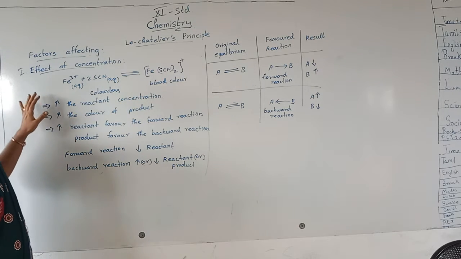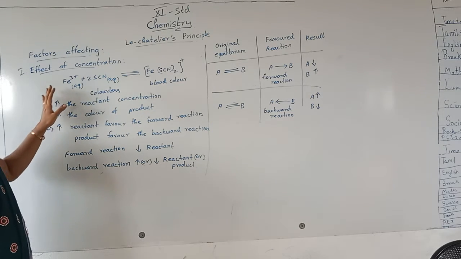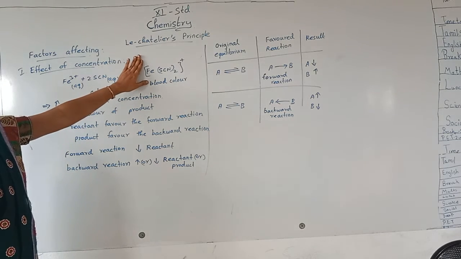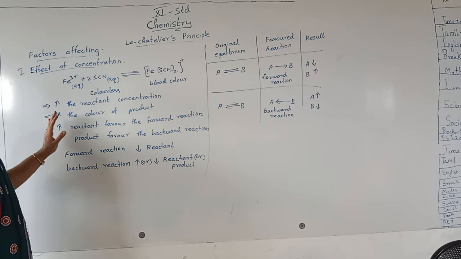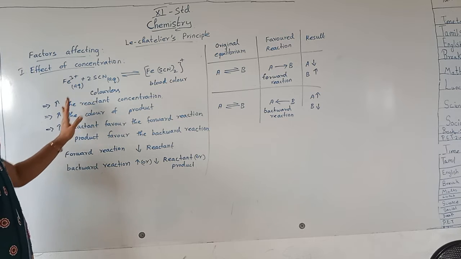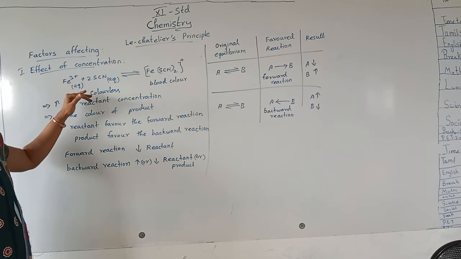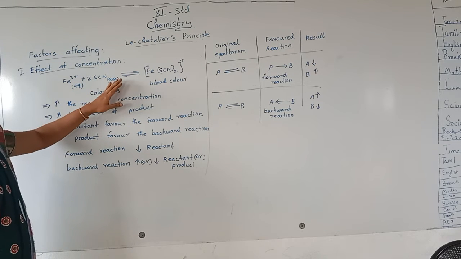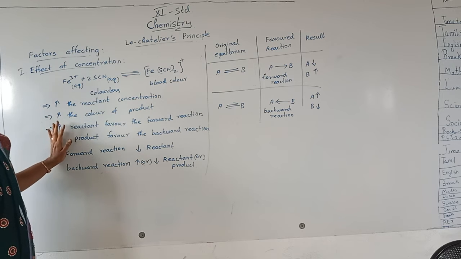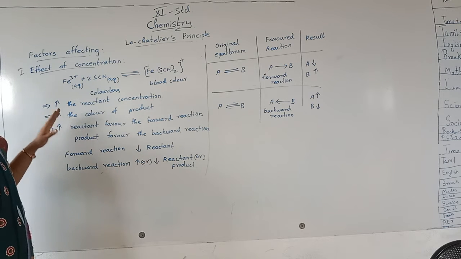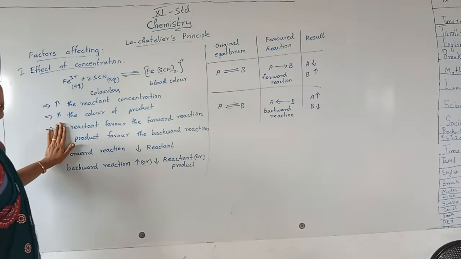Increase the reactant concentration and the color of the product increases. The reactant favors the forward reaction and the product favors the backward reaction.